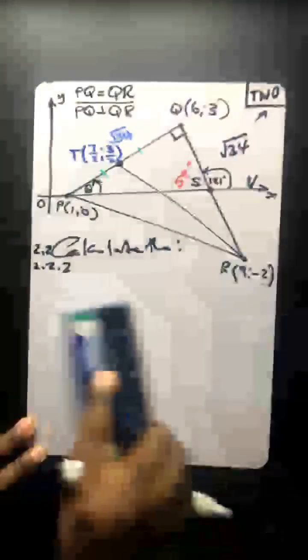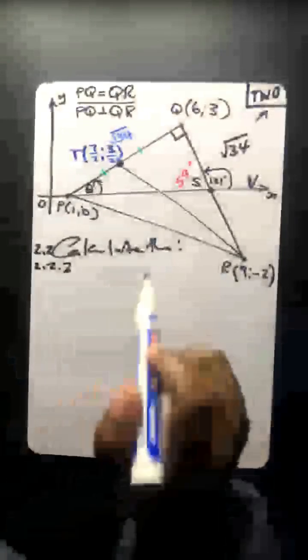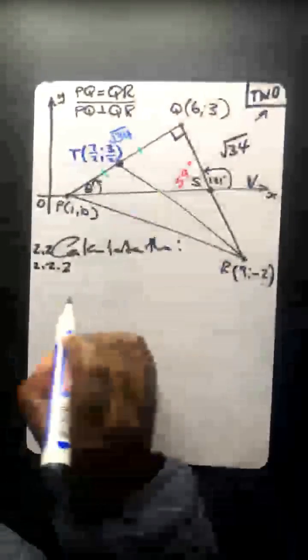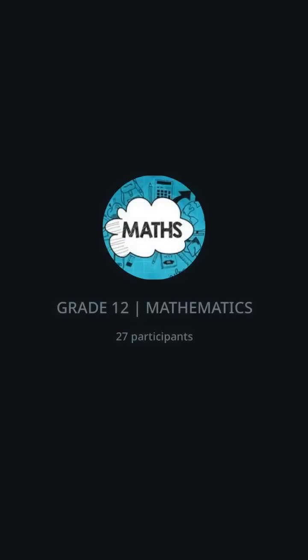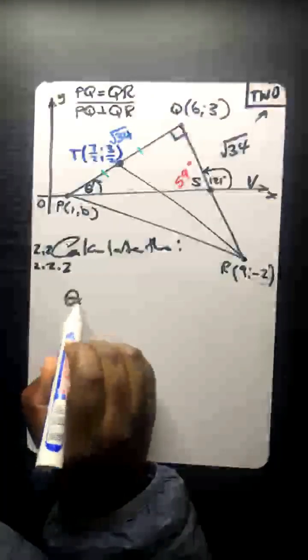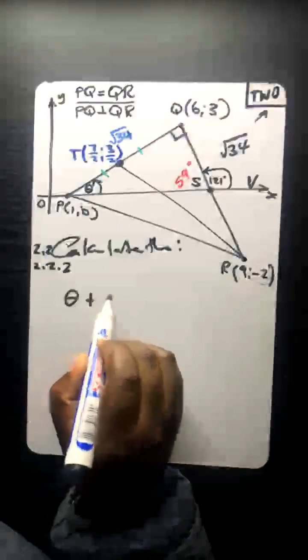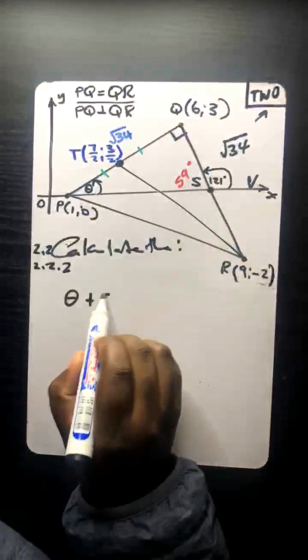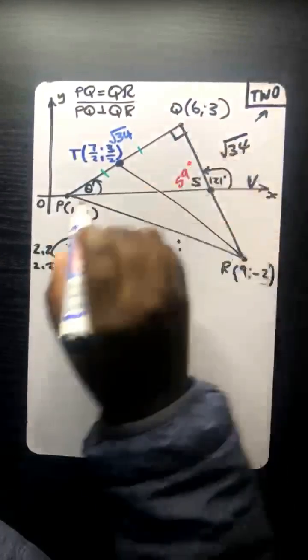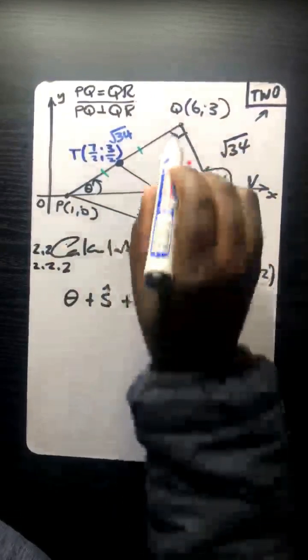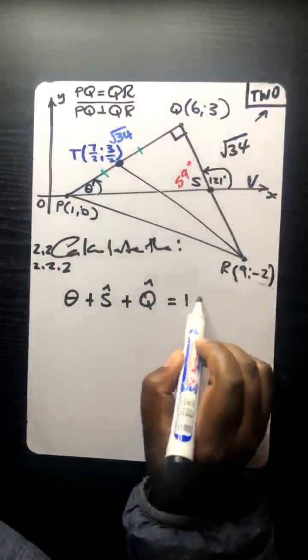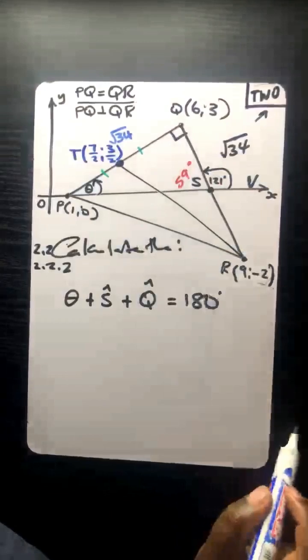I think so. So let me formulate this to say the sum of interior angles of a triangle is equal to 180. Which means that theta, when you add it to angle S in that triangle, and again to angle Q, they have to add up to 180 degrees.